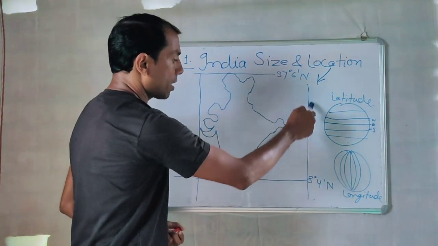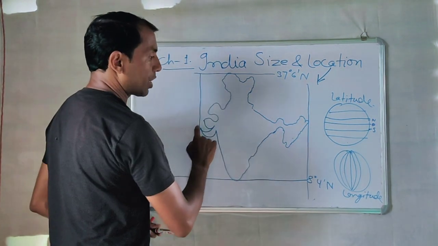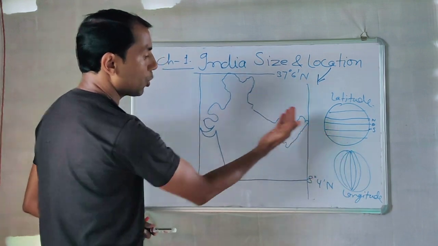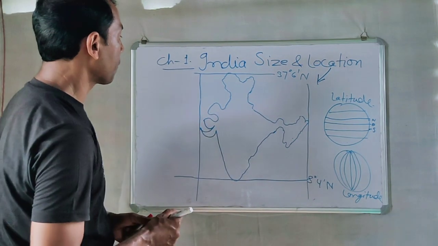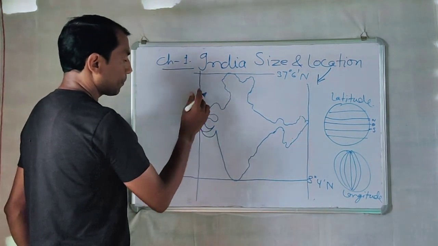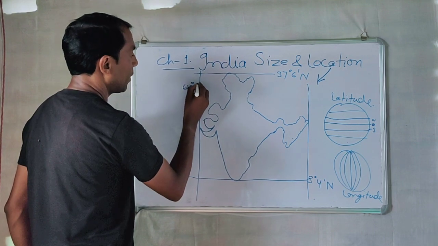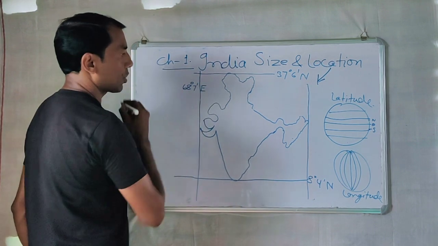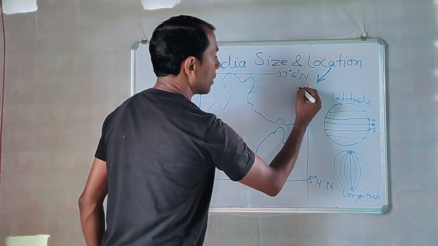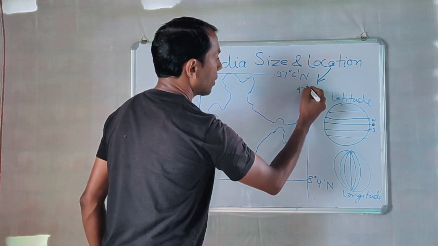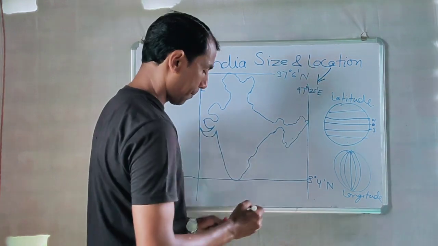So this is a longitude extension from west to east, or you can say east to west. What are the values of this longitude? This one has the value 68° 7' east, and this one is 97° 25' east.